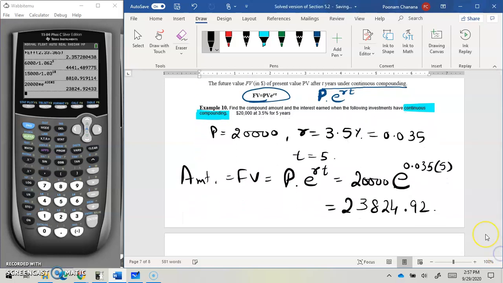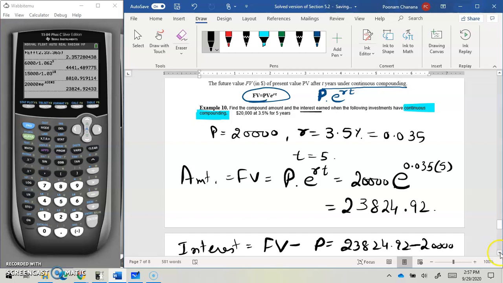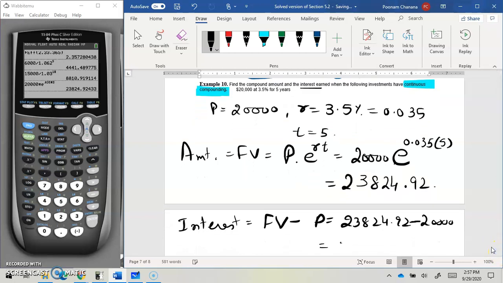They also asked us to find the interest. The interest is always the future value minus the principal. So that means this minus 20,000. What will that be? 3,824. That much is the interest earned in 5 years at continuous compounding.